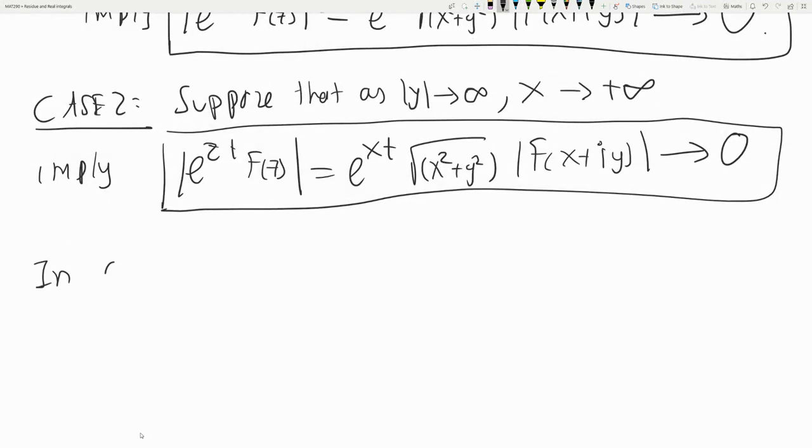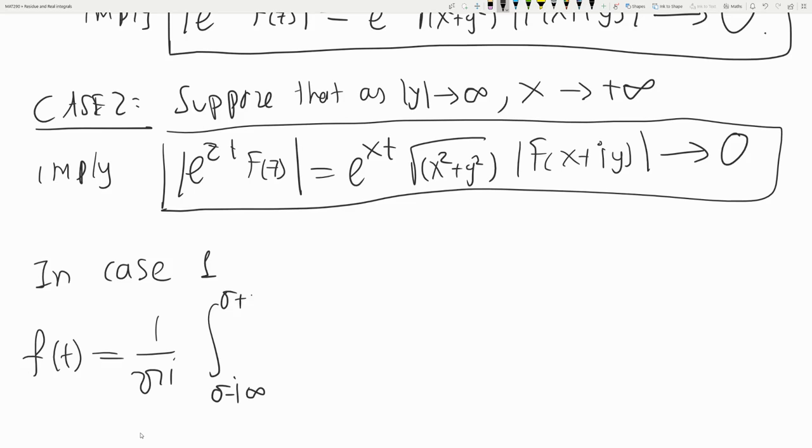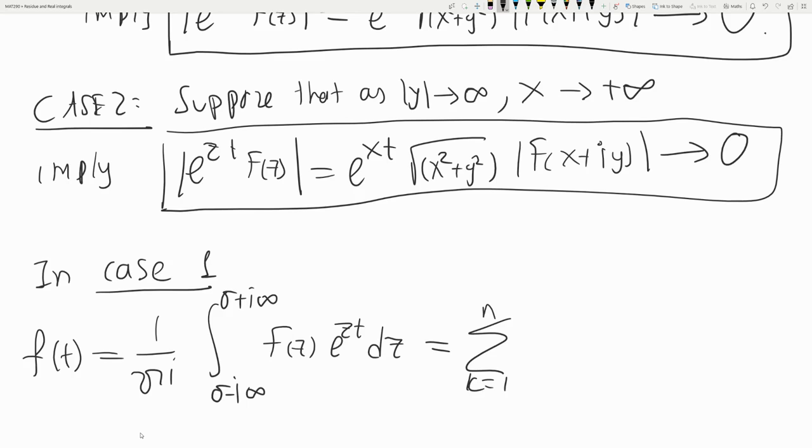Now in case 1, we have the following: the inverse Laplace, which is 1 over 2 pi i, the integral from sigma minus i infinity to sigma plus i infinity of f of z e to the zt dz, will equal the summation of the residues of e to the zt times f of z evaluated at s_k.